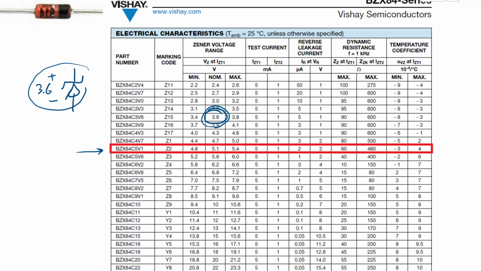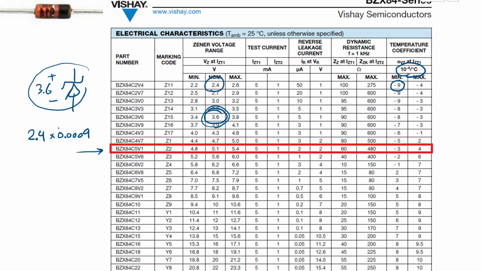For example, when you say a number like -9 times 10 to the -4 per degree C, that means if we're talking about 2.4 volt, the breakdown voltage of the Zener diode is changing by 2.4 times 0.0009, because it is -9 times 10 to the -4.